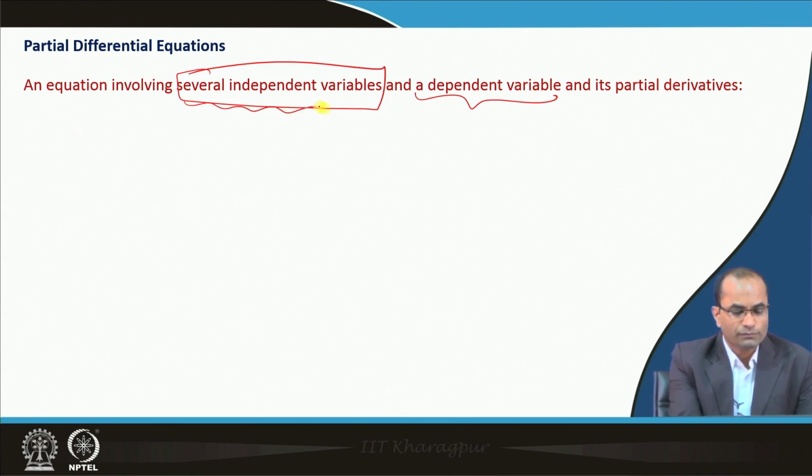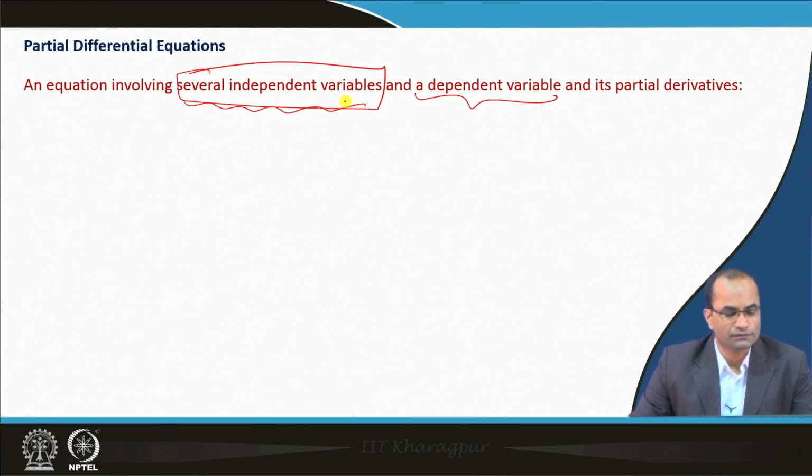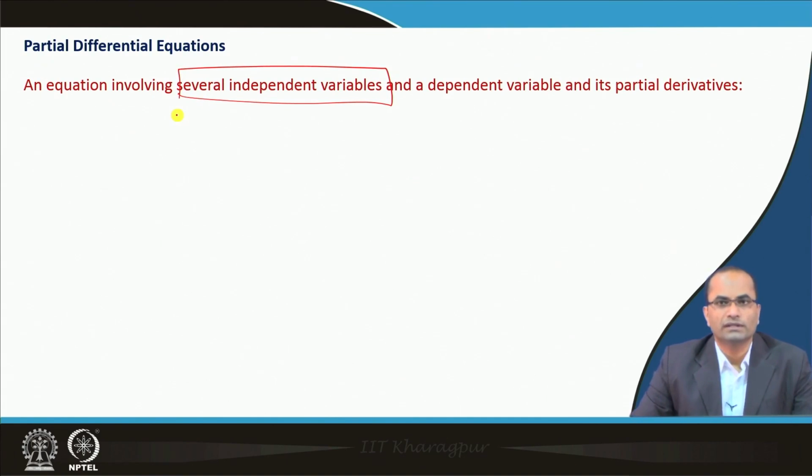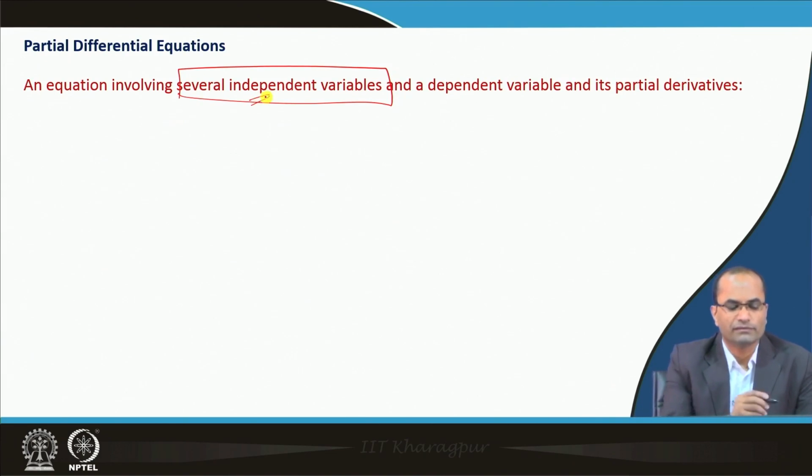The important point which differs from the ordinary differential equation is having several independent variables, because now we will be talking about partial derivatives. There is no ordinary derivative anymore because of more independent variables.